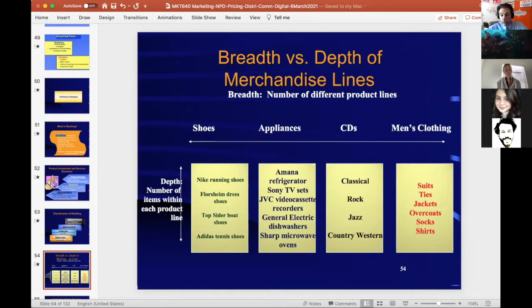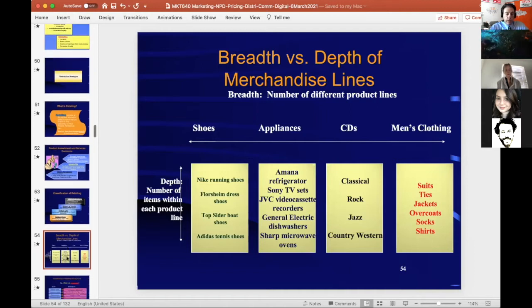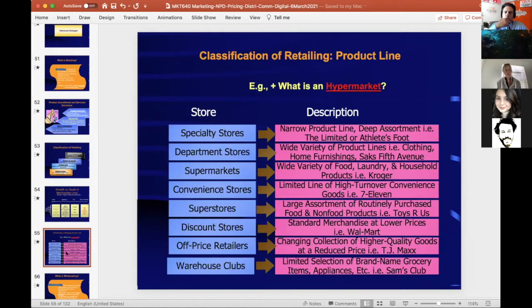For retailers, they call it the breadth. But then the concept of depth, which is applied for product mix, is the same as applied for retailers. So when you're a retailer, you have many types of retailers depending on your product assortments, the number of lines that you have, the variety of products that you have, the limited quantities that you offer, the specificity and niche that you offer.